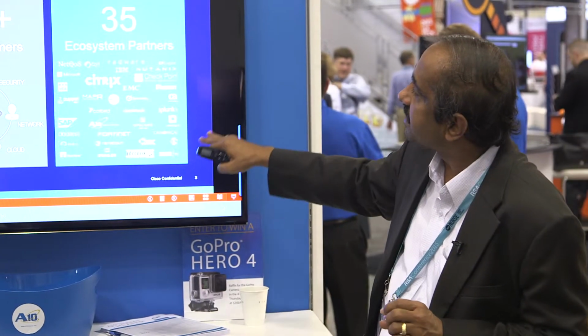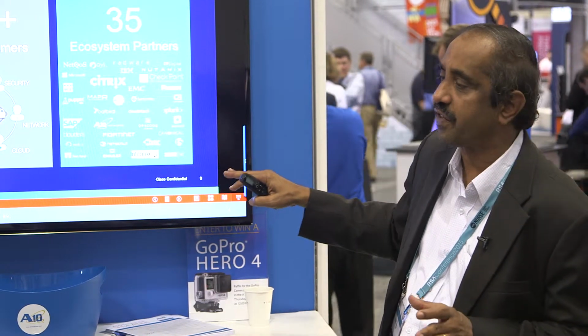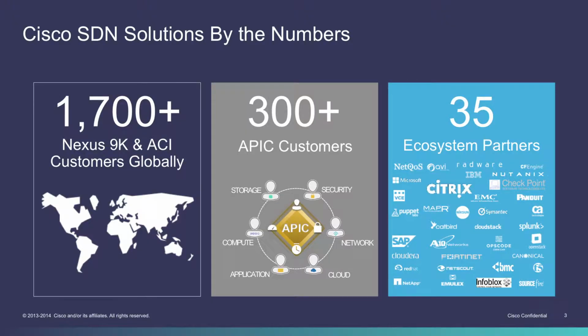So the ACI strategy, the Cisco Application-Centric Infrastructure strategy, in about a year's time, since the same time that we started working with A10 Networks, ACI has been FCS also around the same time. So we have 1,700 customers that have already bought the Cisco Nexus 9000 platforms, 300 plus customers running our SDN controller, the APIC, the Application Policy Infrastructure Controller, and about 35 ecosystem partners, most of them at this RSA conference.